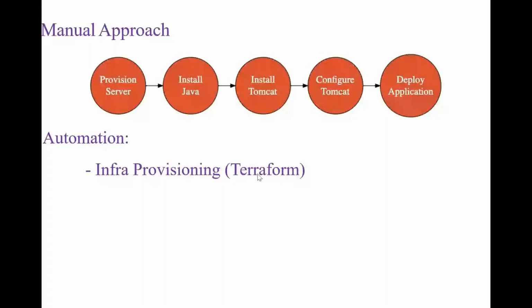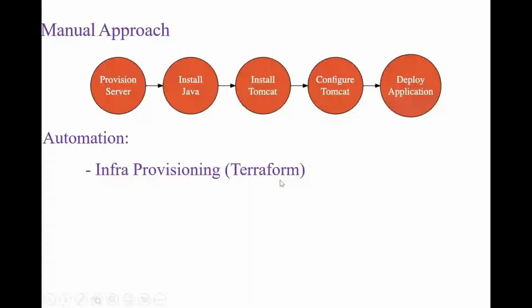We don't launch it manually. We write the code to launch networks, storages, and virtual machines required for the project, for the different environments. That is infra provisioning, and we will learn Terraform in our course.